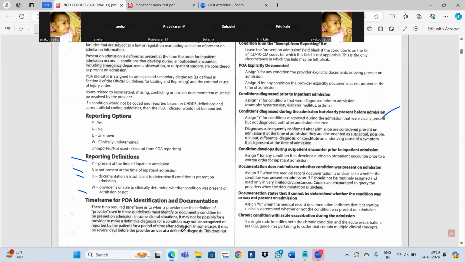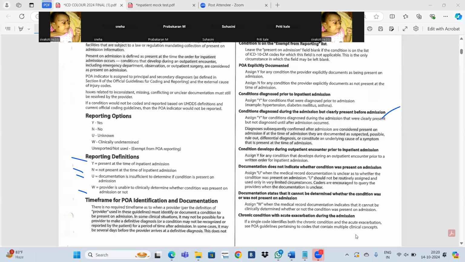Because the condition was not there at the time of admission, right? But it was revealed after admission, not developed. If the patient is diabetic, it is before only. The important thing is whether it was developed or revealed.